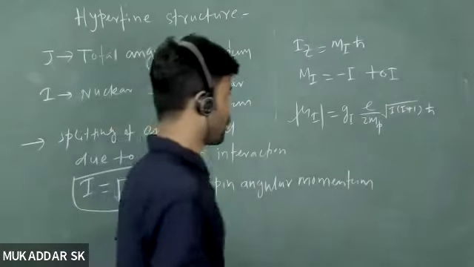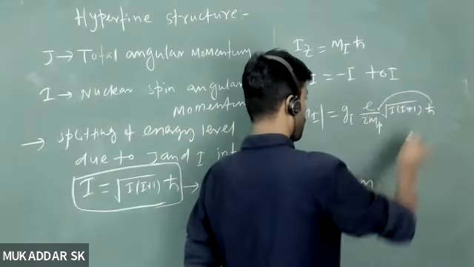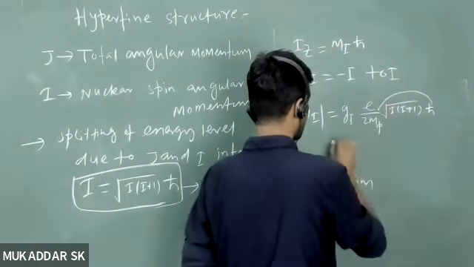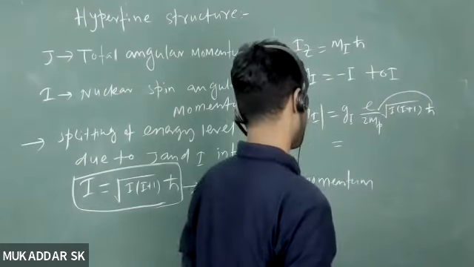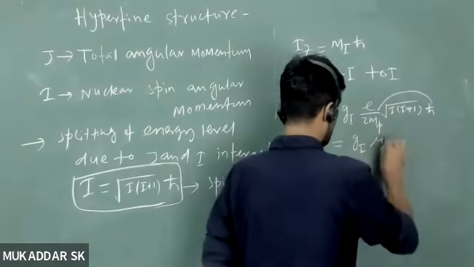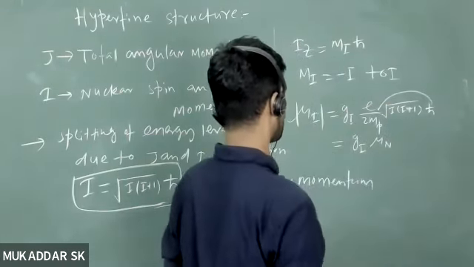Now if you combine H cross with e, then e H cross by twice Mp is nothing but the nuclear magneton. So gi mu n, that is nuclear magneton.